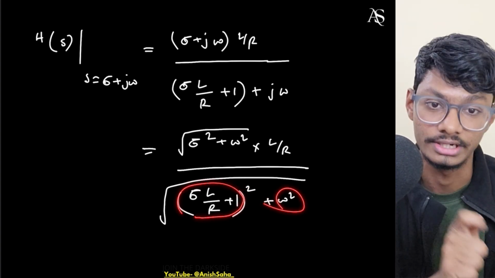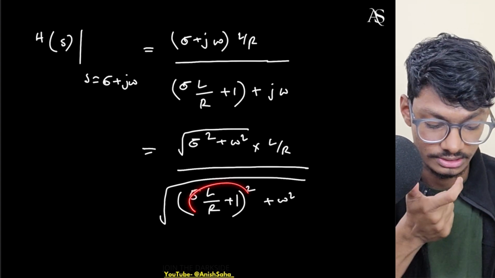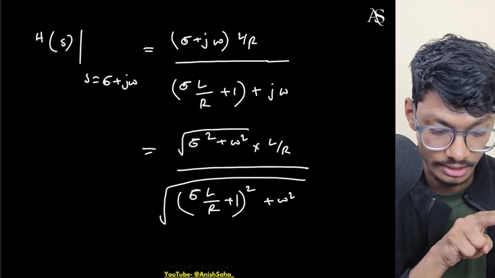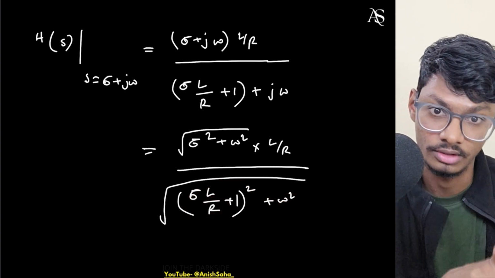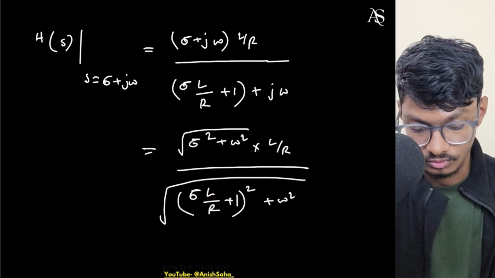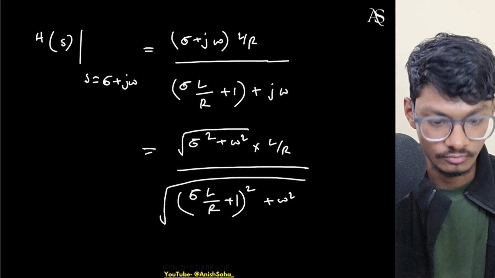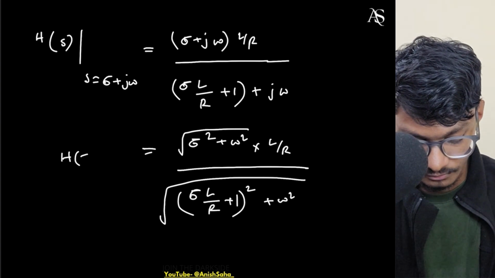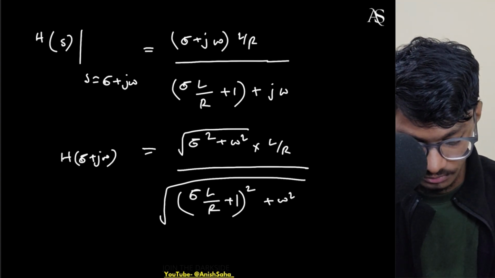Both terms individually have to go to 0, because they are a sum of two squares, and the minimum value of this is 0, and only when these two are individually 0 will we get the minimum value. So obviously I need the denominator to go to 0 for this whole magnitude transfer function to blow up to infinity.